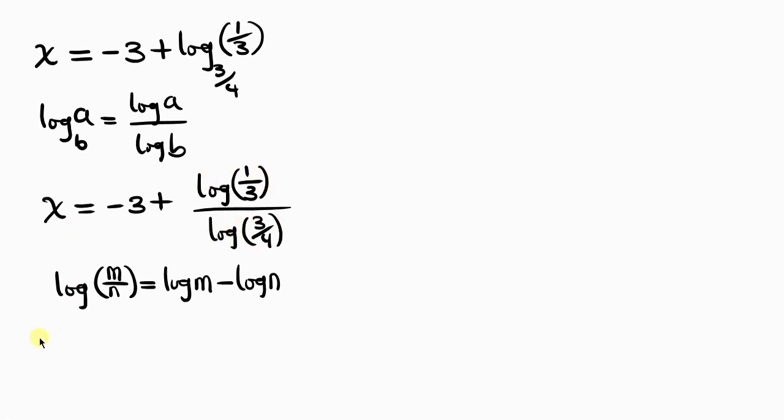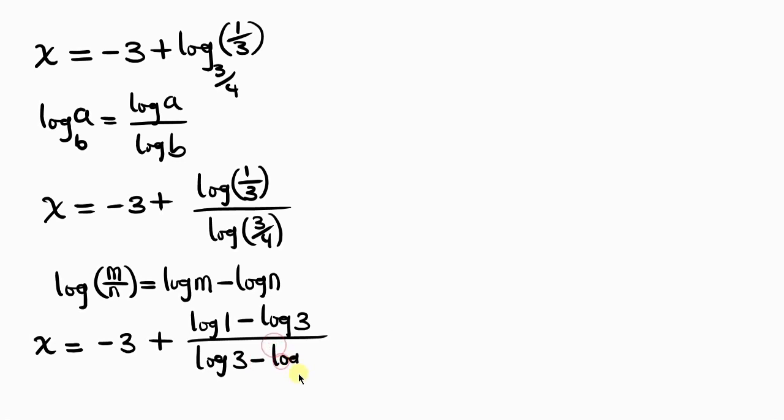So this gives us x equal to -3 plus, now what I have here becomes log 1 minus log 3 all over what I have here on the denominator now becomes log 3 minus log 4.